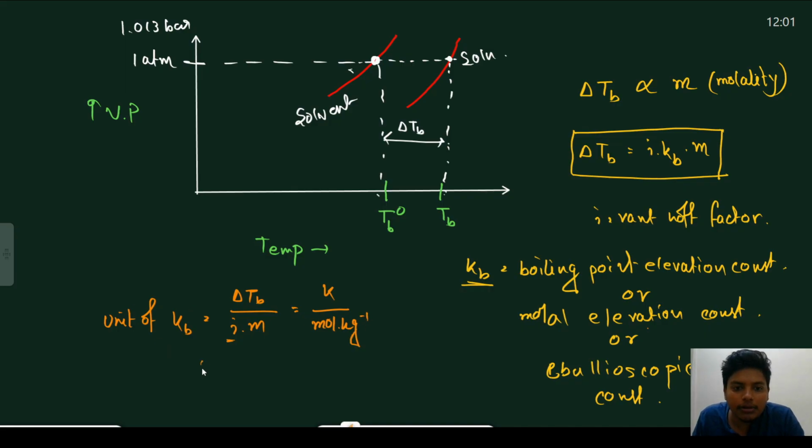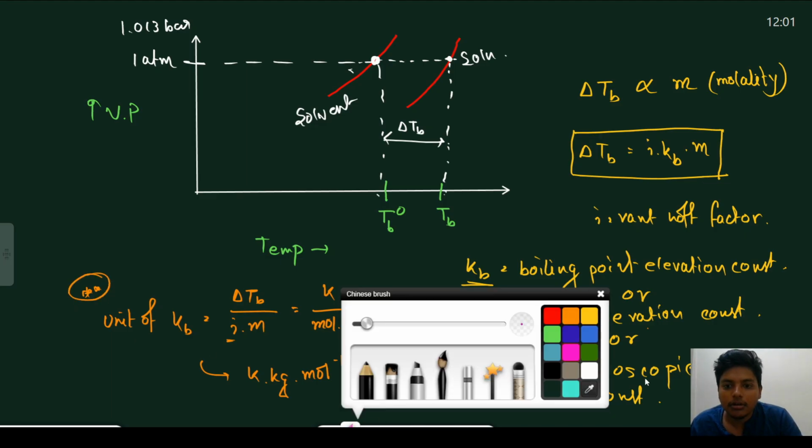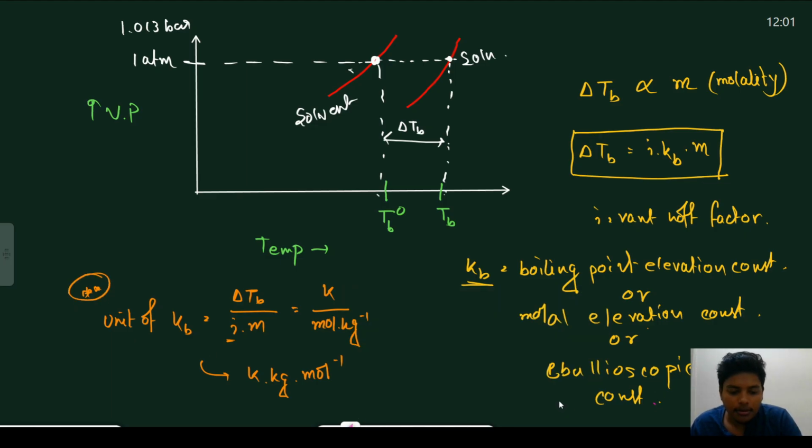So what is the Kb unit? Kelvin kg per mole. Yes or no? Yes, sir. Understood? Important. This is important. What is the unit of Kb? Clear or not? Yes, sir. Okay, Kelvin kg per mole. So that is the Kb.